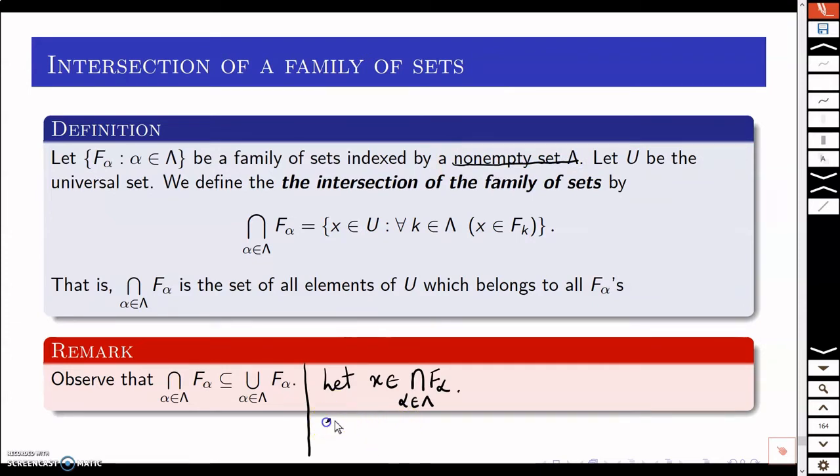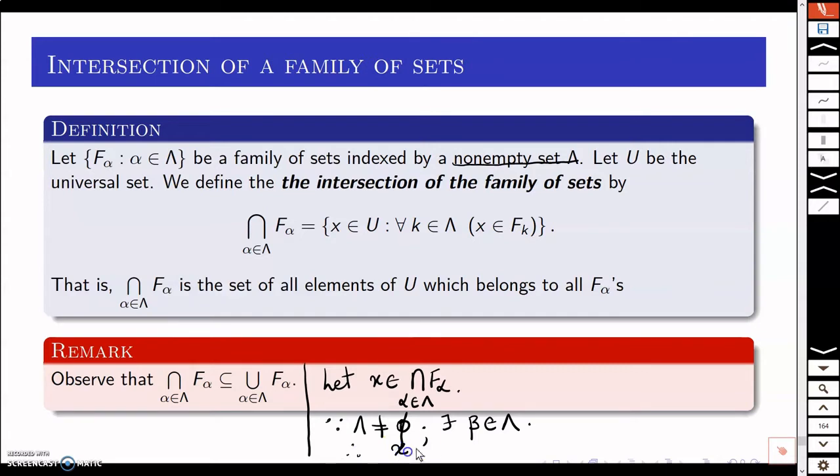Now we will make use of the fact that the indexing set delta is non-empty. So since the indexing set delta is non-empty, I can pick up at least one element in this delta. So there exists a point beta in delta. Now X is there in F alpha for every alpha in delta. In particular, this beta is also there in delta, right?